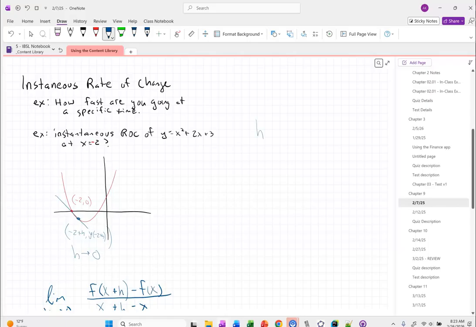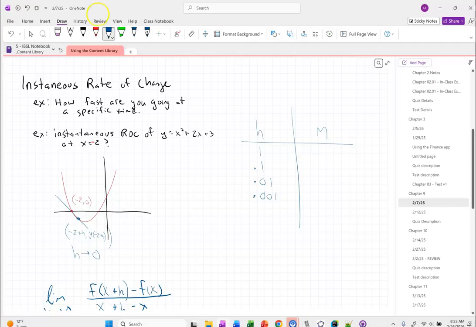So for example, for some h's, maybe I have 1, 0.1, 0.01, 0.001, and we'll calculate some slopes for those. And we'll use that pattern of what's happening to make a guess as to what the instantaneous rate of change is going to be.